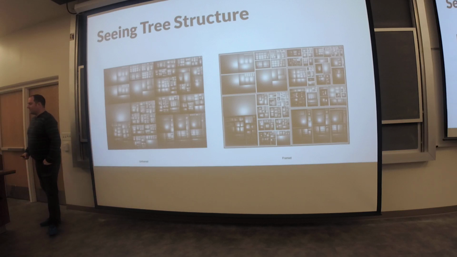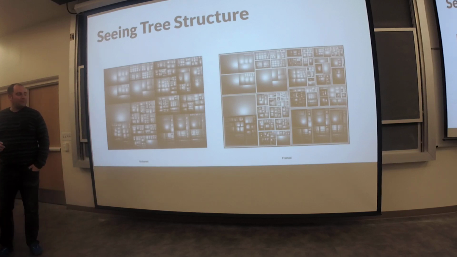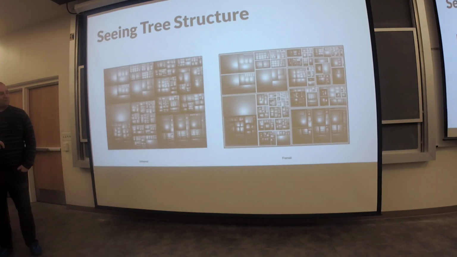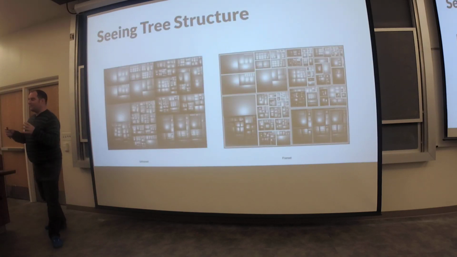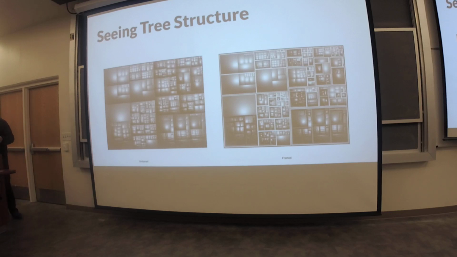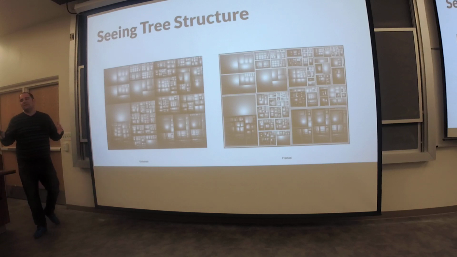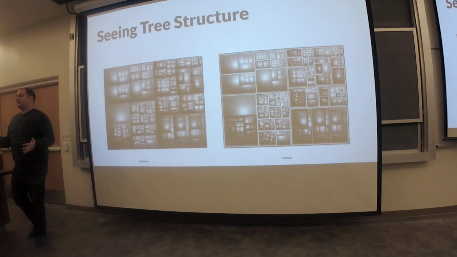The problem that I mentioned earlier, that you lose the structure completely, you can get back the structure if you add frames. Do I have a better picture here? No. Well, for each level, you could dedicate a little bit of space so that you can understand the structure. But then, if you're looking, for example, for your biggest file, you don't really care so much about the hierarchical structure, right?